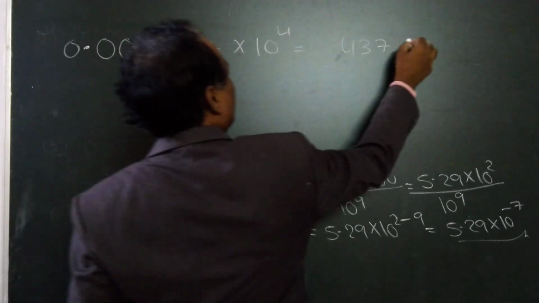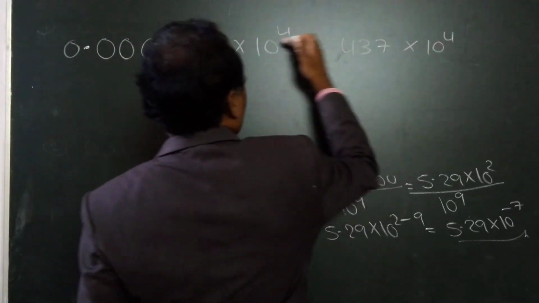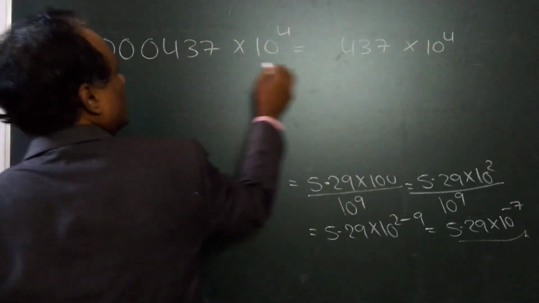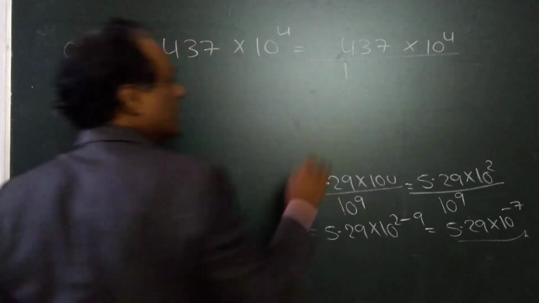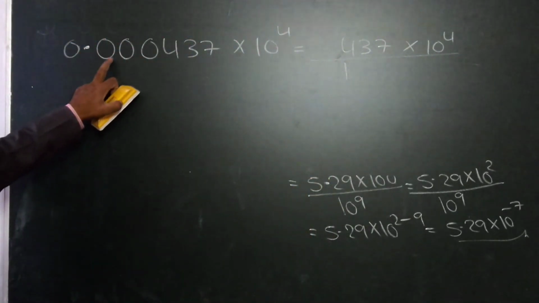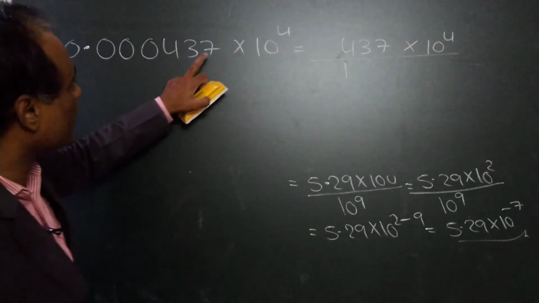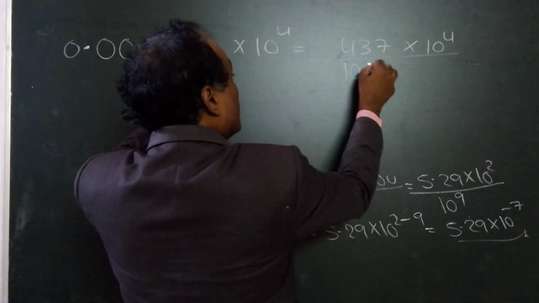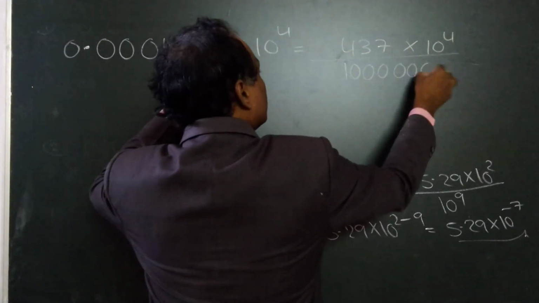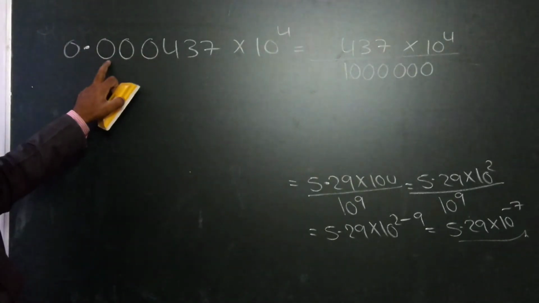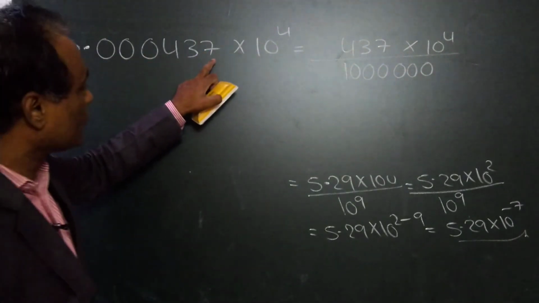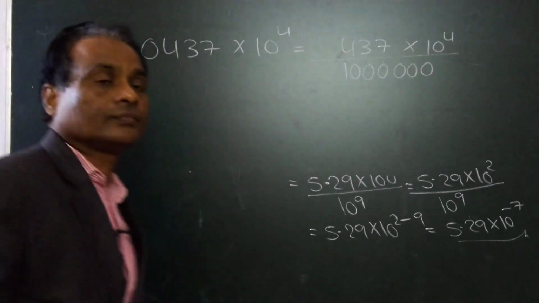437, this is 10 to the power of 4 same. This is 437 same. If I am removing the decimal, after the decimal there are 1, 2, 3, 4, 5, 6 digits, so 6 zeros.